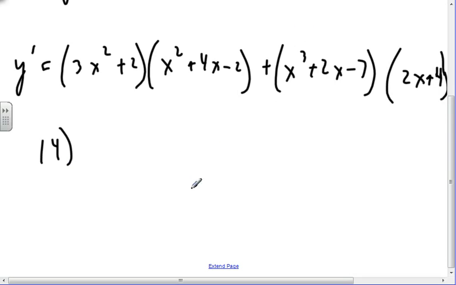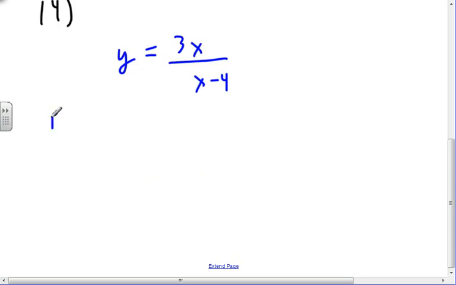Alright, we're going to do it my way first, and then we're going to do it the book's way second. Okay, so we're going to do it twice. y is equal to 3x divided by x minus 4.